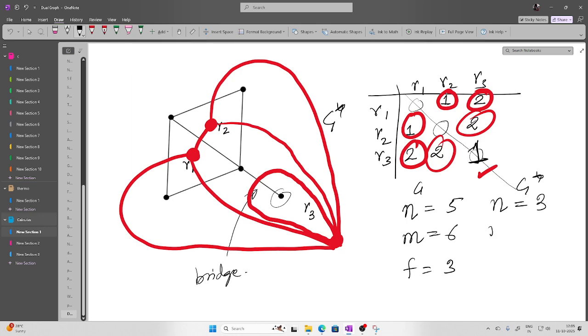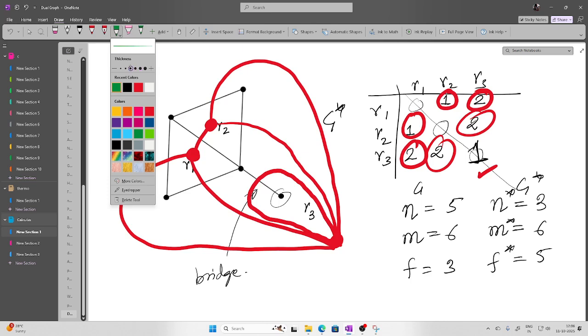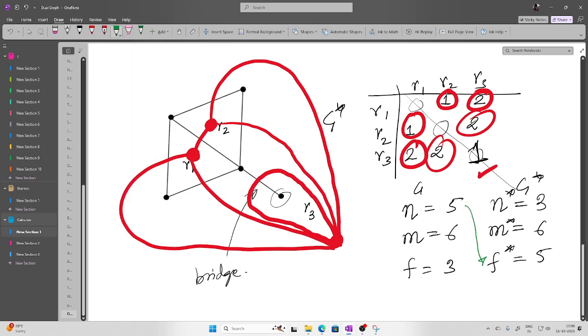How many edges? 1, 2, 3, 4, 5, 6. And faces? 1, 2, 3, 4 and the unbounded 5. So again we observe that n is the same as f star, f is the same as n star, and m is the same as m star.